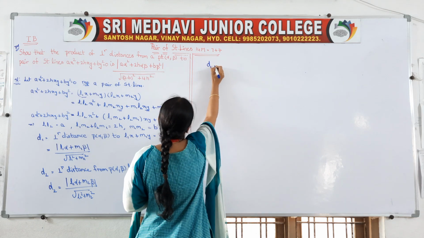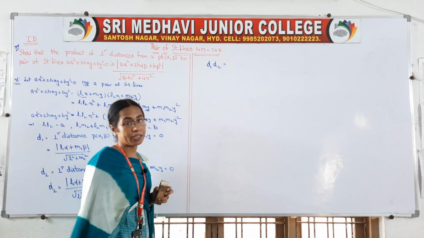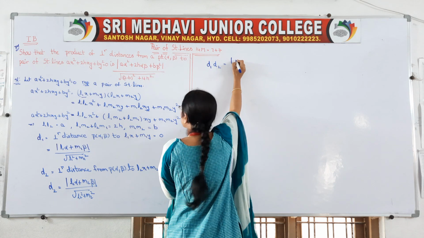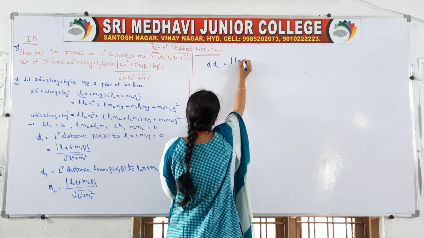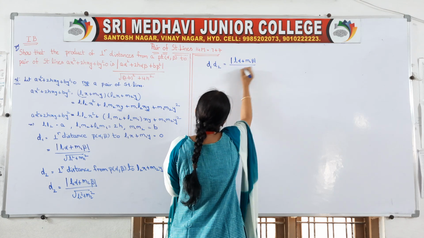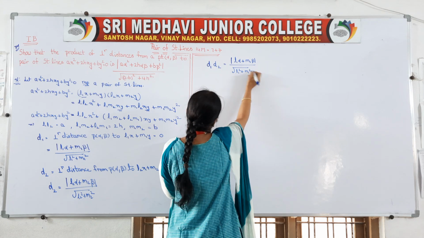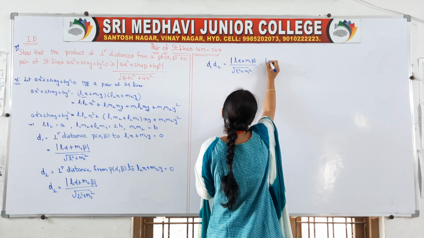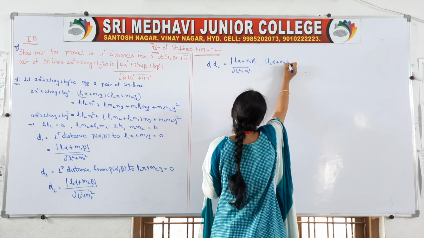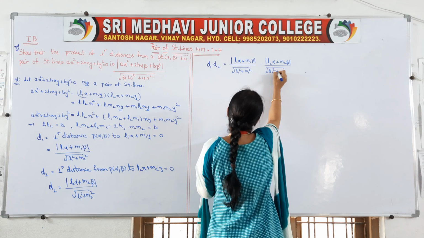Product of perpendicular distances is D1 into D2. D1 is modulus of L1 alpha plus M1 beta by root of L1 square plus M1 square, into modulus of L2 alpha plus M2 beta by root of L2 square plus M2 square.